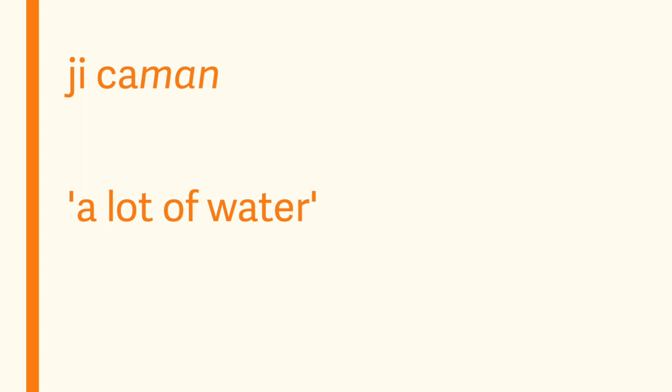So for instance, to say abundant water, you would now say ji chama, meaning water, abundant. Ji chama. Note that you can't use this word cha without making this derivation in this way. You cannot say ji cha to mean abundant water or a lot of water. You have to say ji chama.